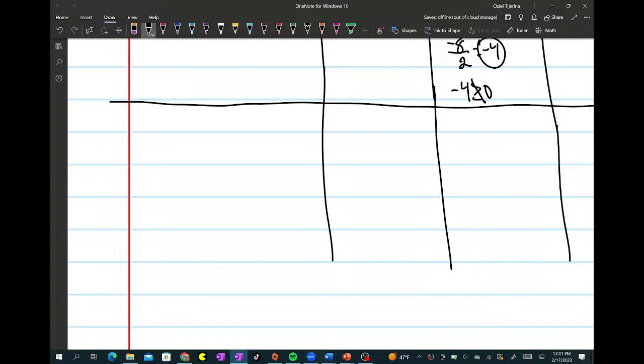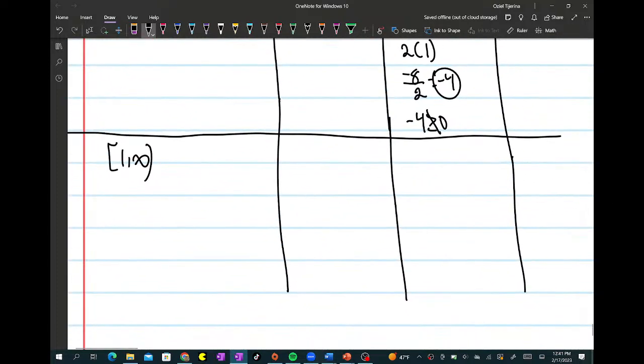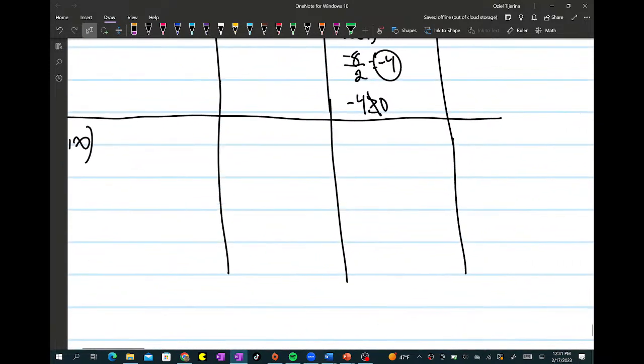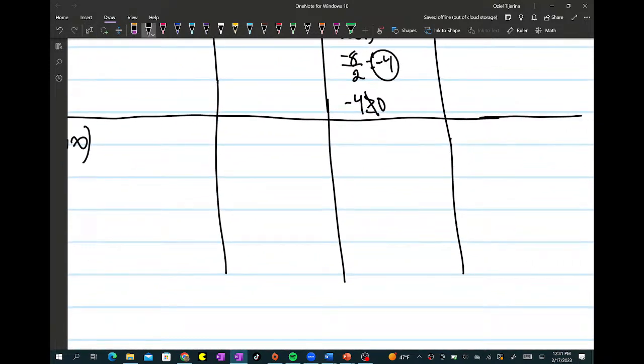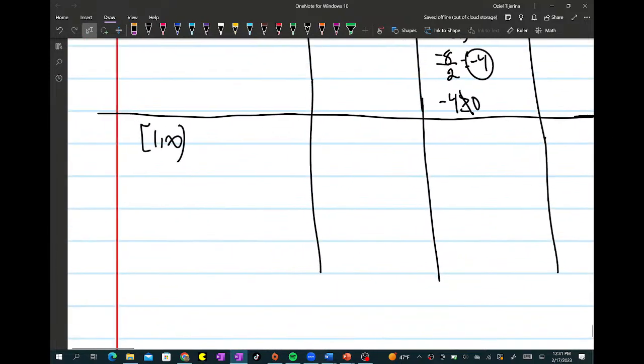We're going to do it from 1 to infinity, and this is the last one. I do apologize if this problem is really long, guys. The more inequality solution sets it has, the longer the problem is going to be. It's the sad reality. I do apologize if these problems are a pain because, trust me, they take a while.